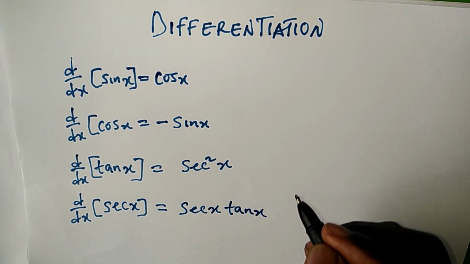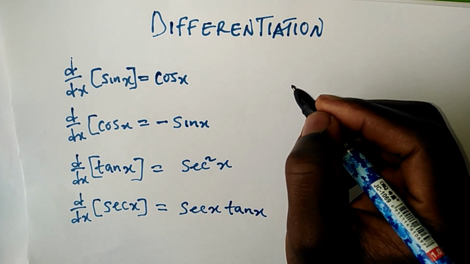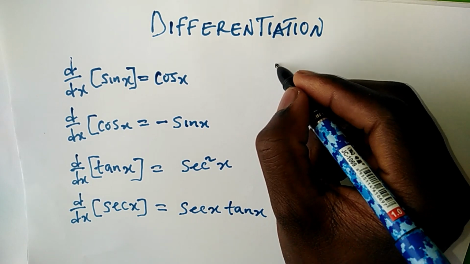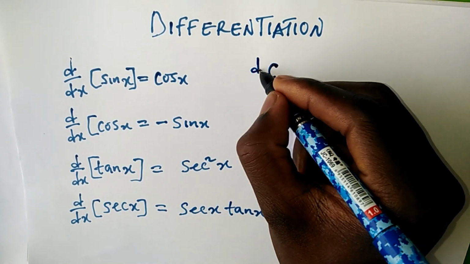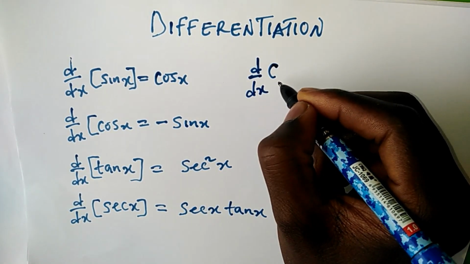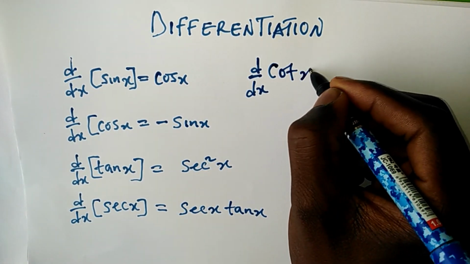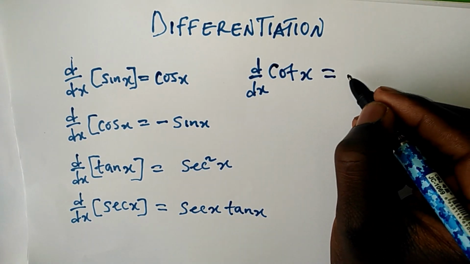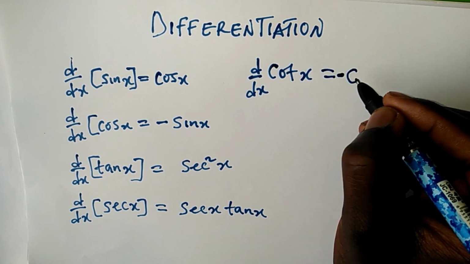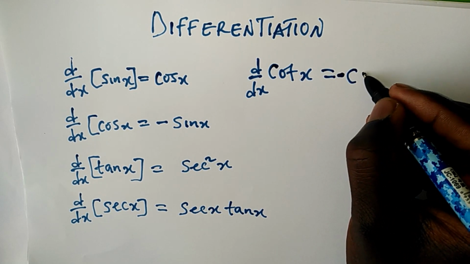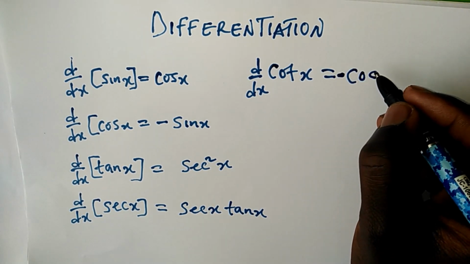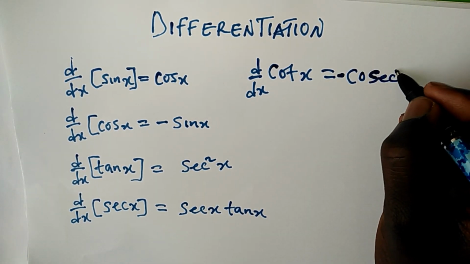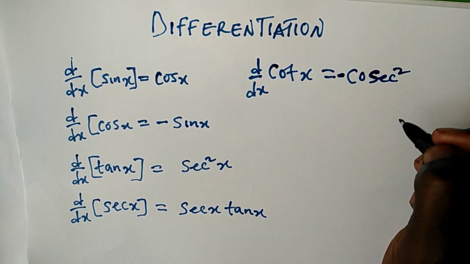And when you differentiate cot x, what you get will be minus cosec squared x, right?